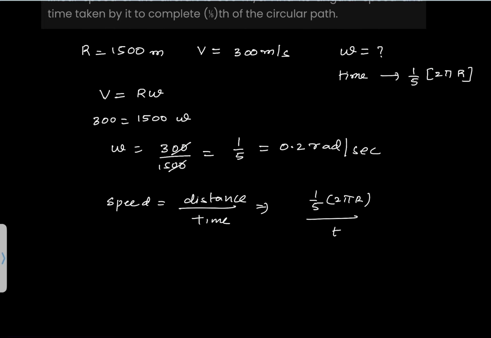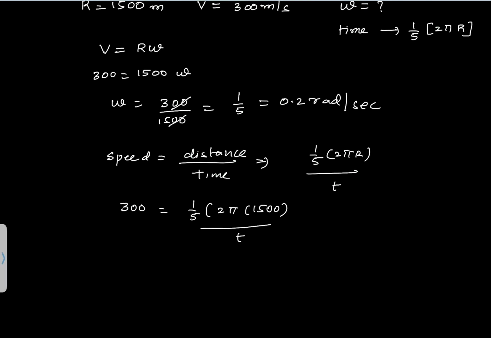So let me write that value here. 300 equals 1/5 of 2 into pi into radius, which is 1500 meters, divided by time. Now let me cancel this 5 and 1500. I'll be getting 300. Then I'll transpose this t to the LHS and 300 to the RHS.